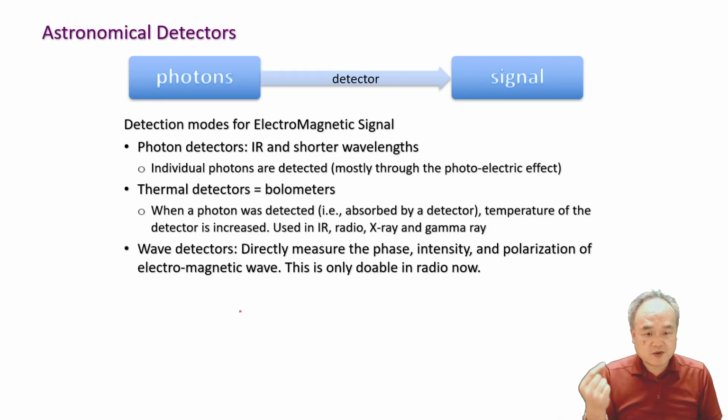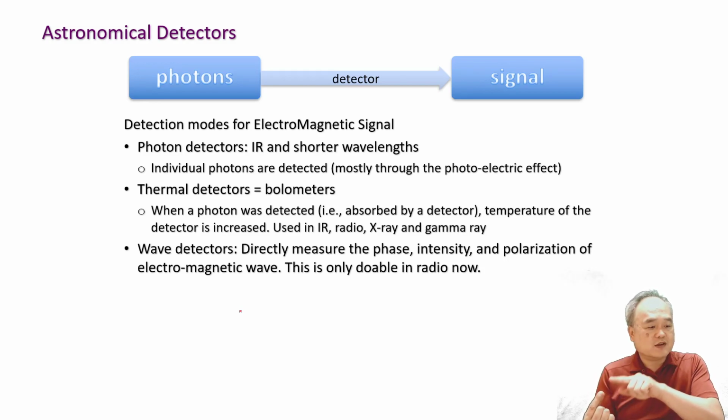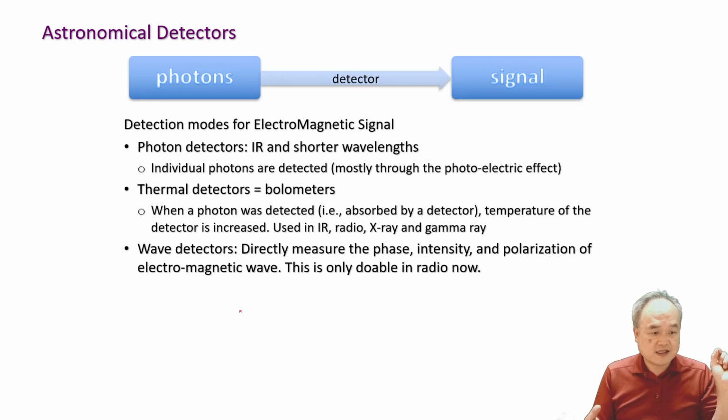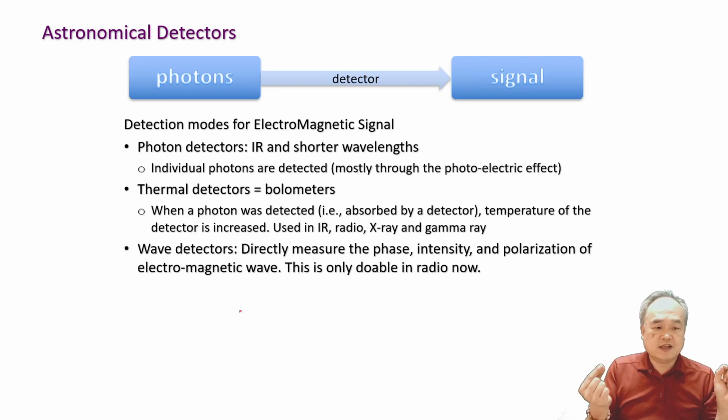One incoming photon will translate into one photoelectron. So by counting these electrons, we can count the incident photons. How do we count electrons? Just measure the current.